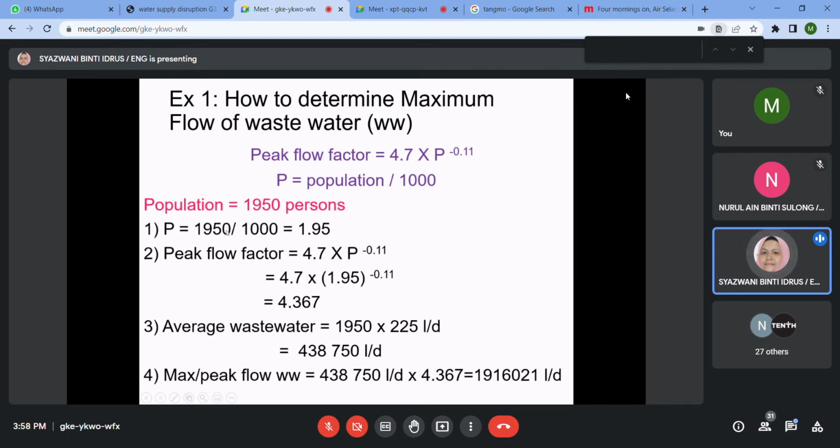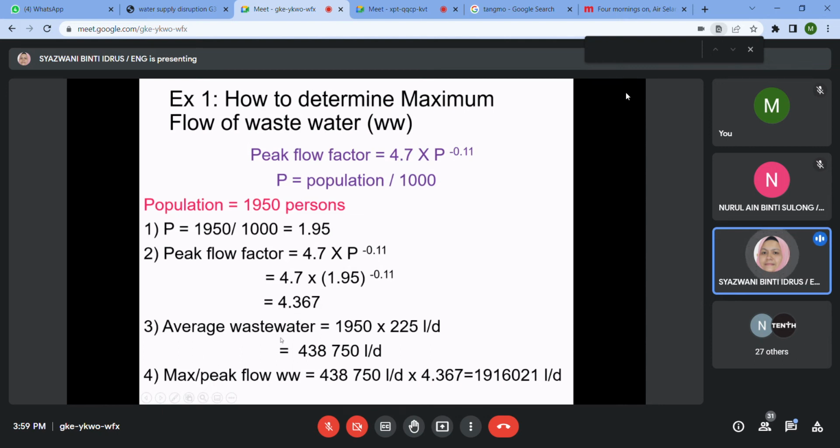So 1950 divided by 1,000 is equal to 1.95. So the peak flow factor is equal to 4.7 times 1.95 to the power of minus 0.11. These are the factors you have to calculate so that you can get the peak flow factor.